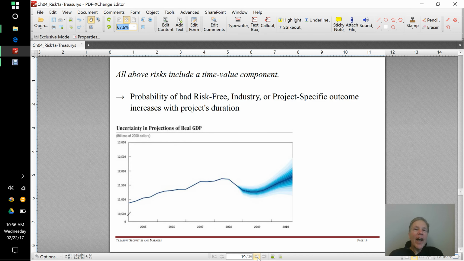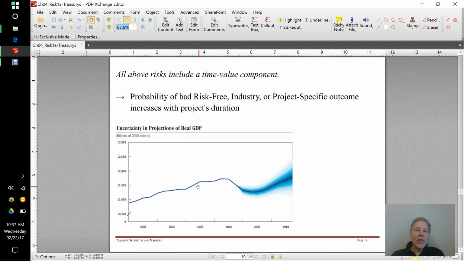Okay, and as I've noted before, every project in finance has time value risk, okay? The longer the project's duration, the more the risk we have. And I love this graph. This is standing at time t equals 0, where we are now, and these are projections. Well, it's actually somewhere near the end of 2008, but that's okay. Let's pretend in time we're going back to somewhere near the end of 2008.